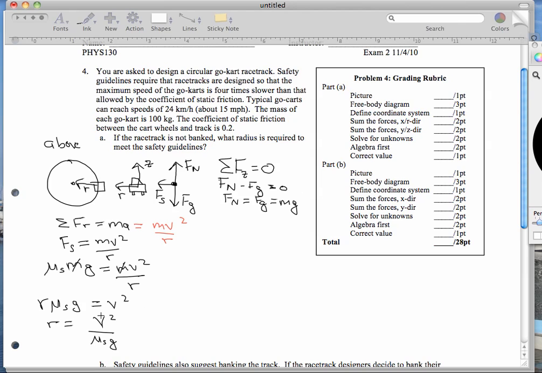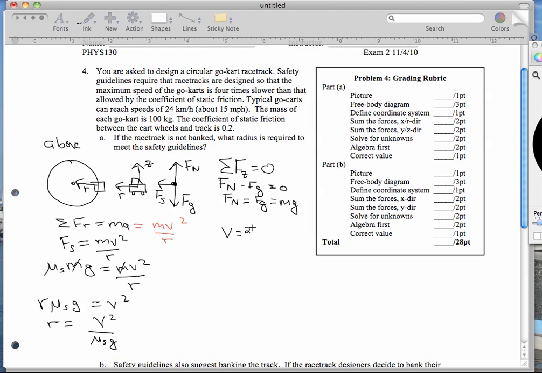What am I going to put in for velocity? Looking back at the problem, it says that typical go-karts reach speeds of 24 kilometers per hour. First I'll convert that velocity to meters per second.